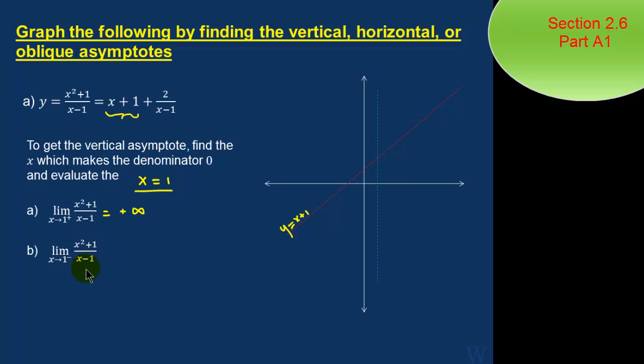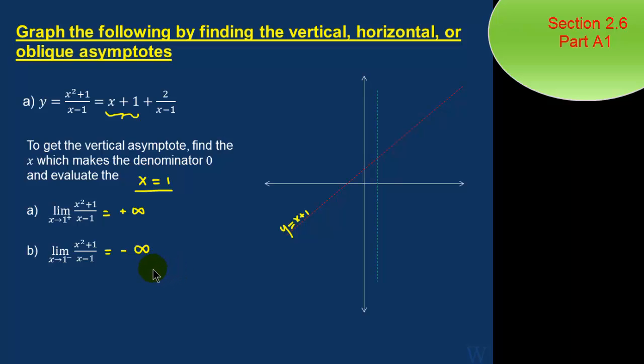But in the denominator, when we take the difference between numbers that are close to 1 from the left, this is going to be very, very negative numbers close to 0, so that the reciprocal will be approaching minus infinity.